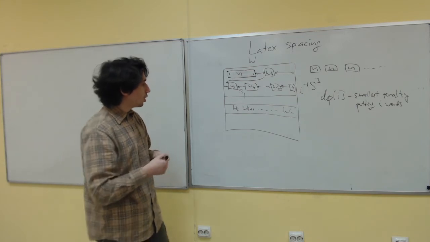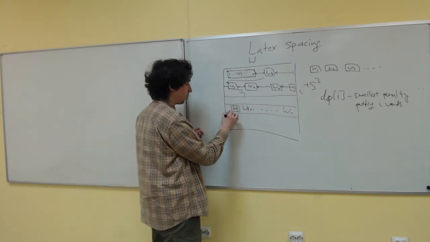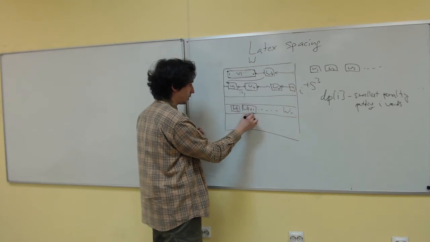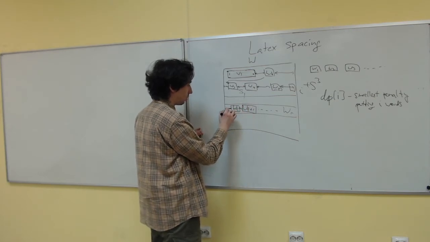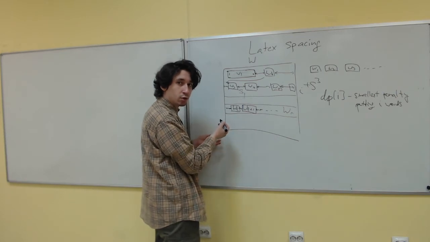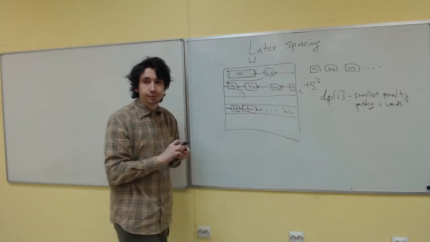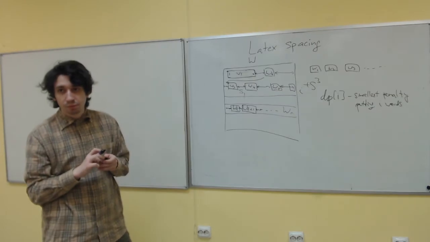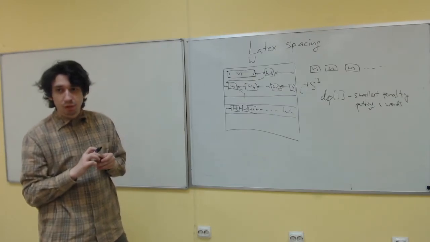Well, how should we separate all these spaces? Are they equal or are they not equal? Yes, I guess. Well, the smallest penalty in a single line would be if all the spaces are equal. Yeah.